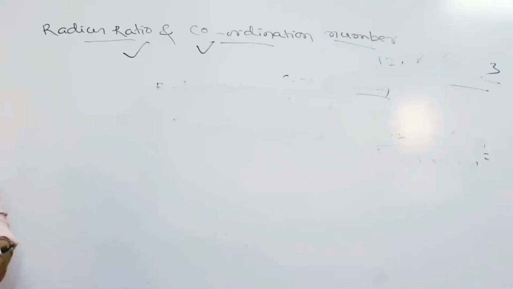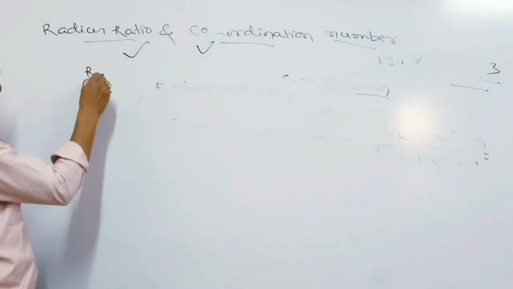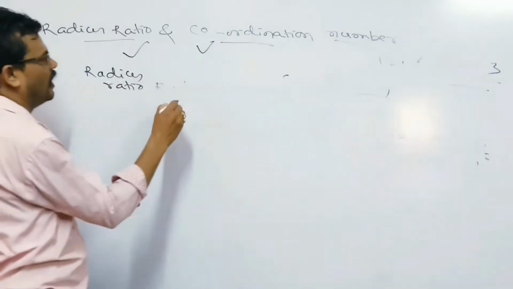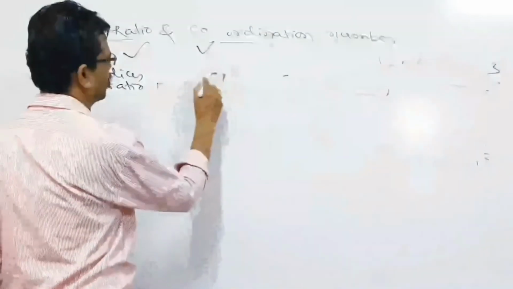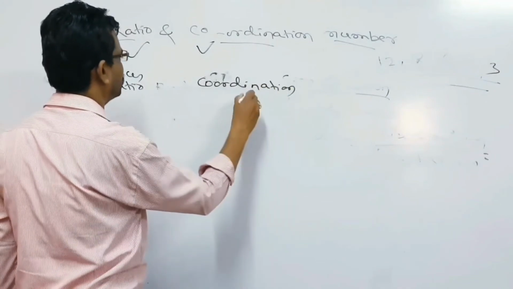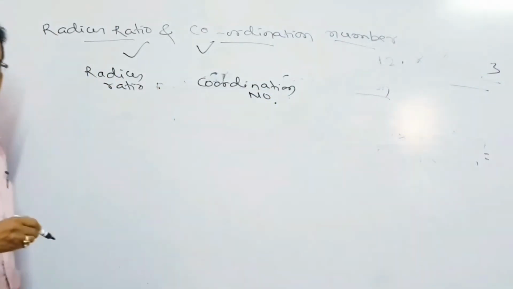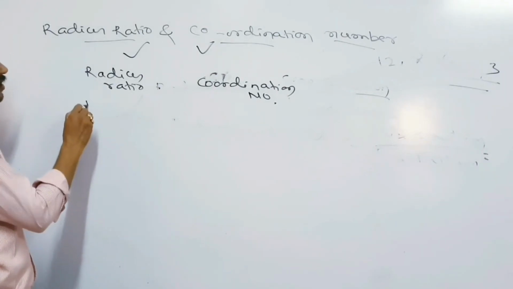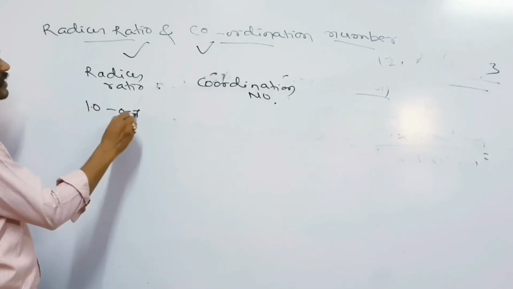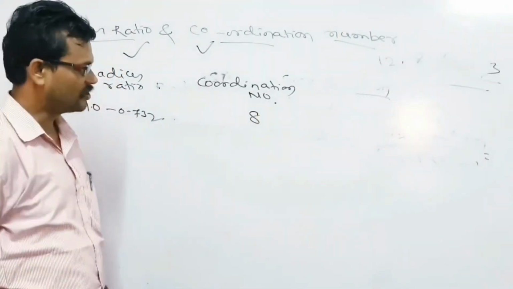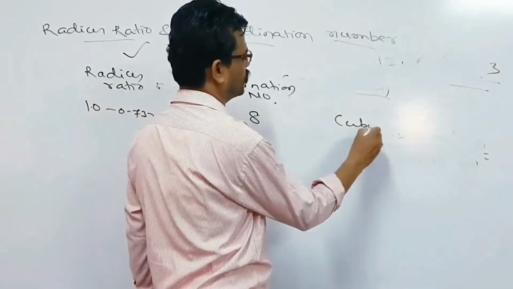The structure of the compound. For example, consider the link between radius ratio and coordination number. If the radius ratio ranges from 1 to 0.732, then the coordination number will be 8 and the structure will be cubic type.